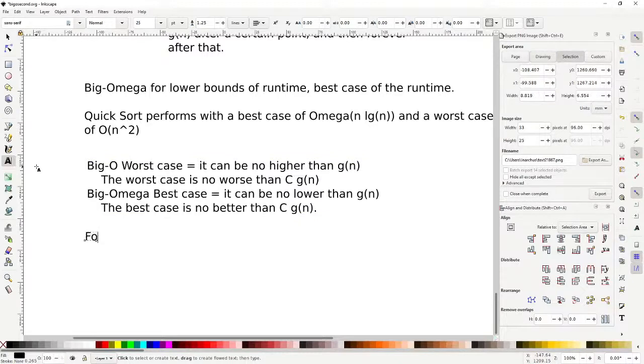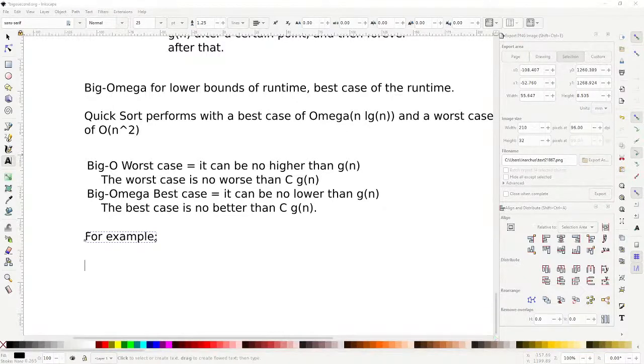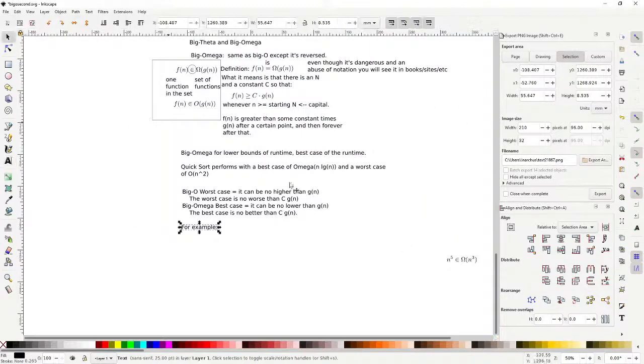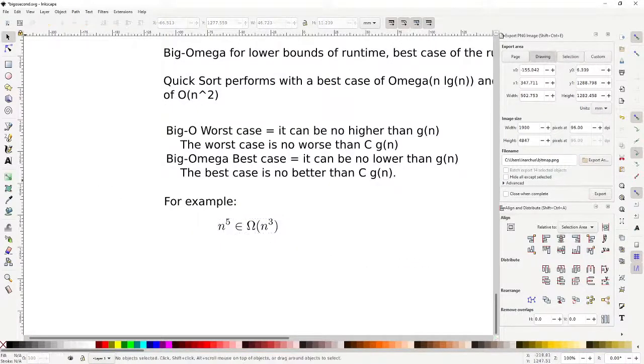So for example, it kind of gets a little bit confusing. For instance, you can say something like n to the fifth is Big Omega of n cubed, right? Something like this. And this is true, right?